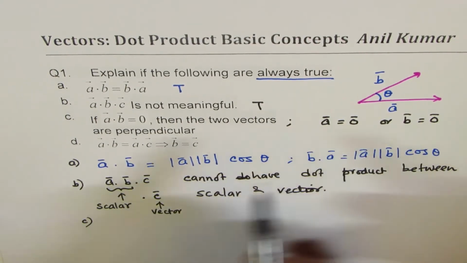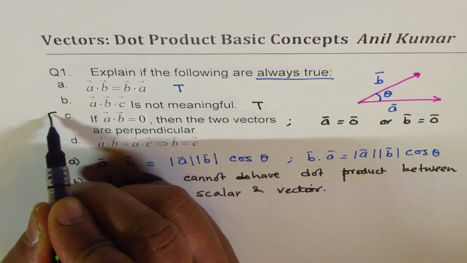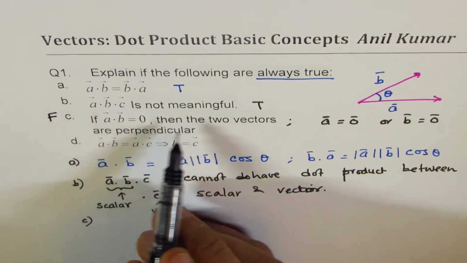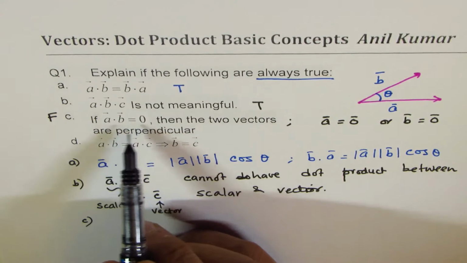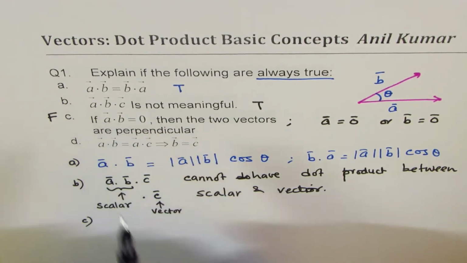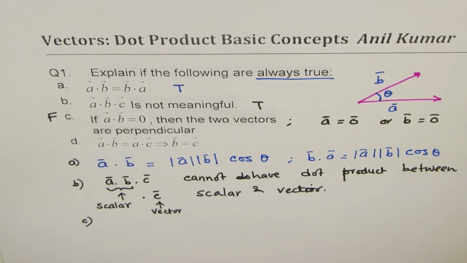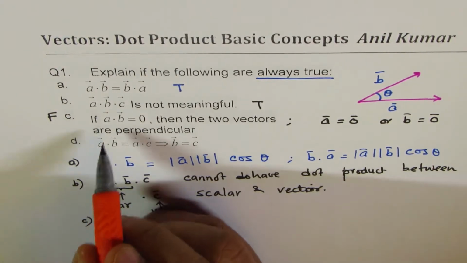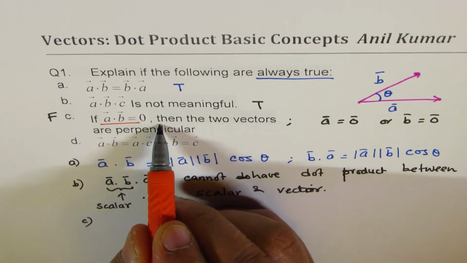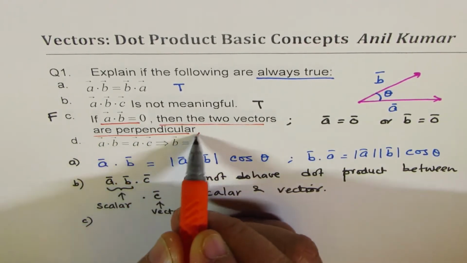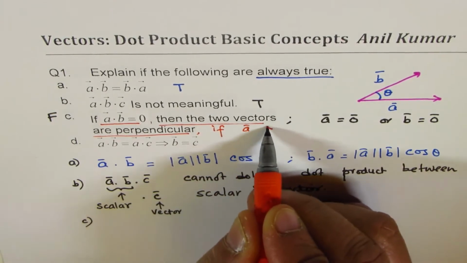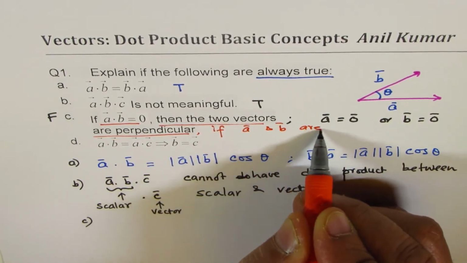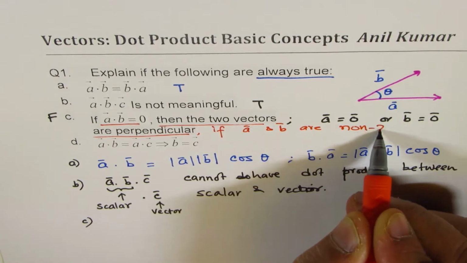You get an idea, right? So this statement is false. This is not always true. So here, it is only true if both are non-zero vectors, right? So let me make a note here: A dot B equals 0, then the two vectors are perpendicular if A and B are non-zero vectors.